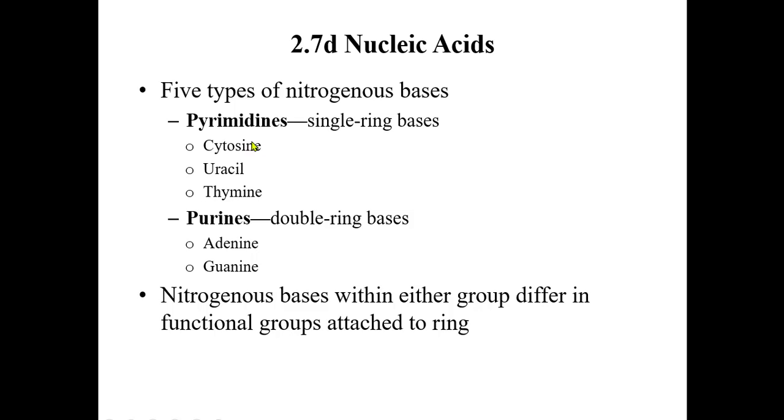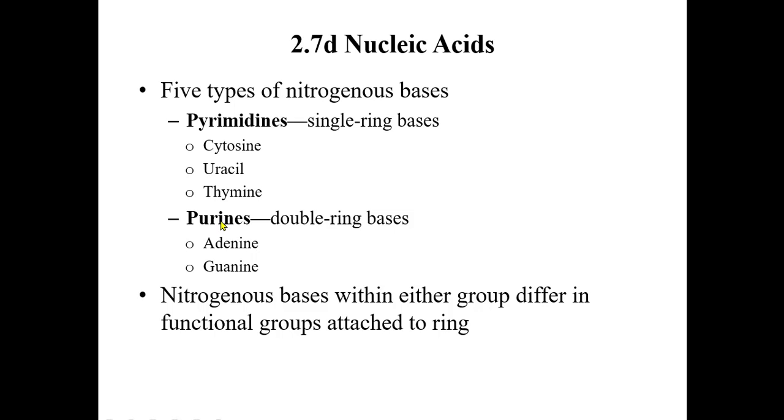The other thing to remember is because it has a very long word, it's only going to have one ring. So if it has a long word, it's only one ring. Purines, on the other hand, purine is a shorter word, and therefore it's going to have two rings.